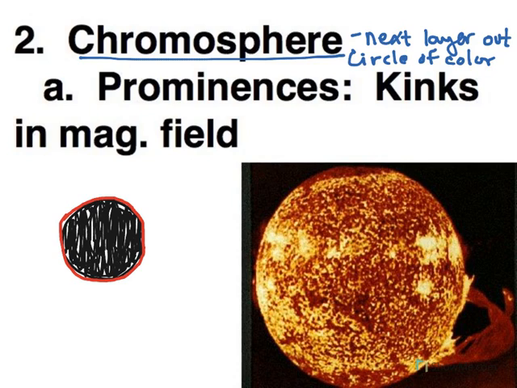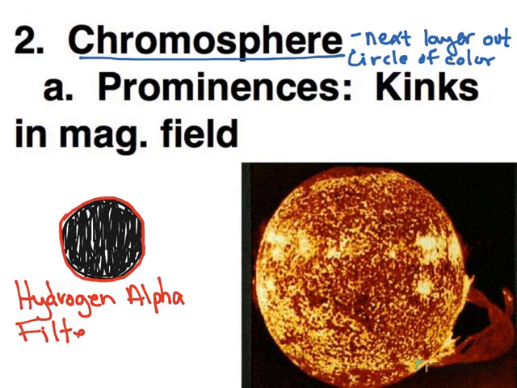Now we can also use special filters. It's called a hydrogen alpha filter, which basically means that it is blocking out all light except light that has the same wavelength as the alpha line in the hydrogen spectrum.